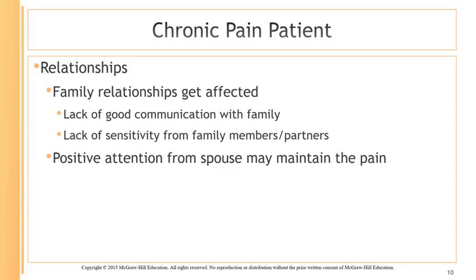So positive attention from spouses may maintain the chronic pain. Nonetheless, as it does for many other negative experiences, having social support buffers the adverse effects of chronic pain. It, however, just depends on how the social support is being delivered.